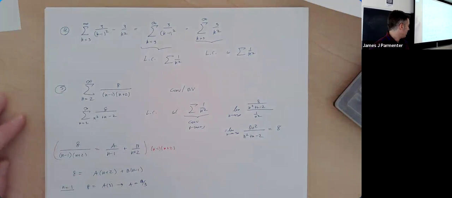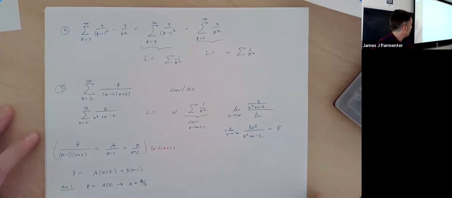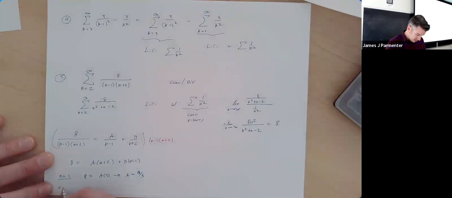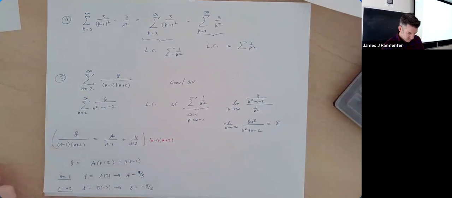And for this to really have a shot at working, it better end up being the case that B is the opposite sign of A. Otherwise, this just won't work. So if we plug in n equal to -2, we get 8 equal to A times 0 plus B times -3. So yes, we do get B equal to -8 thirds, as we need it to be.